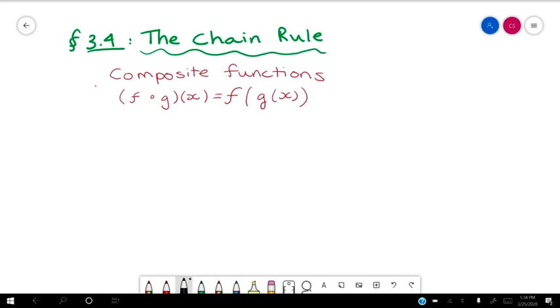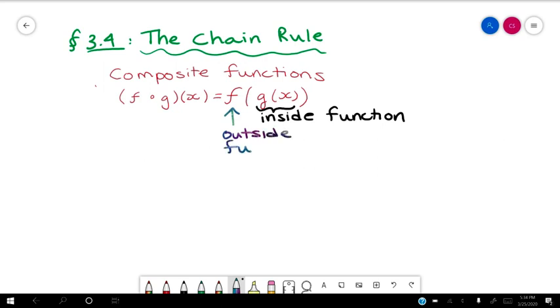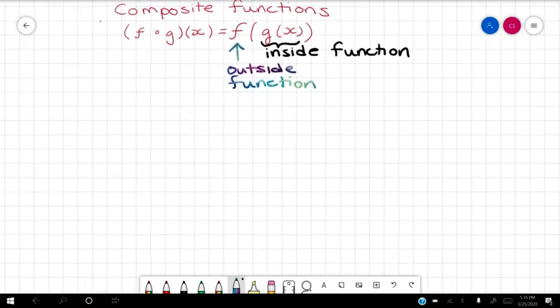I like to think of this as inside function versus outside function. It makes everything a little bit easier to keep track of. So let's practice just that part, identifying composite functions and identifying the inside part and the outside part.